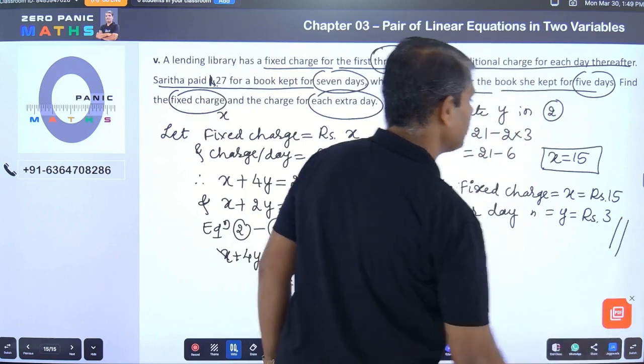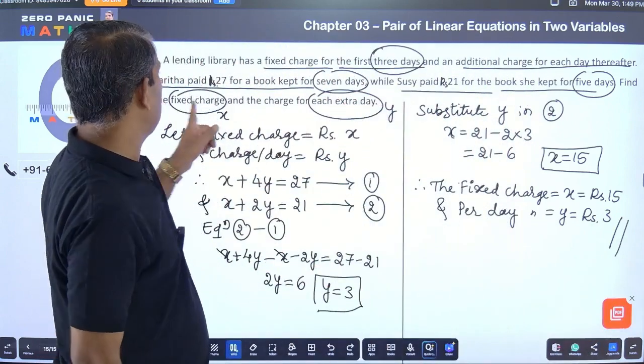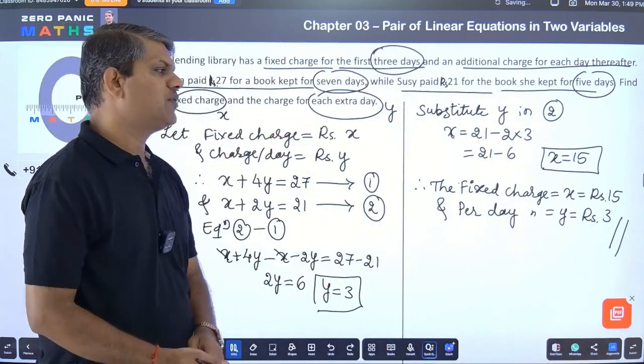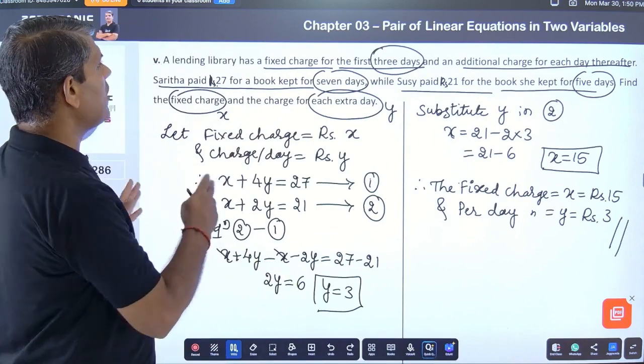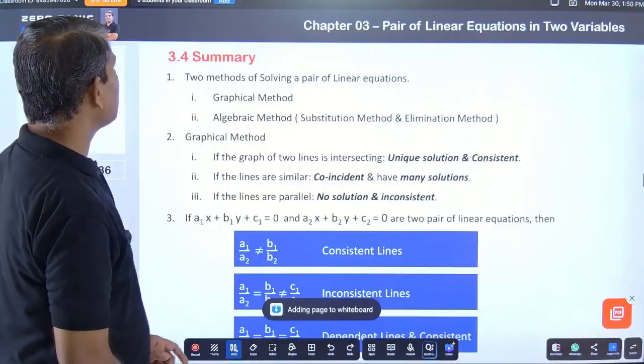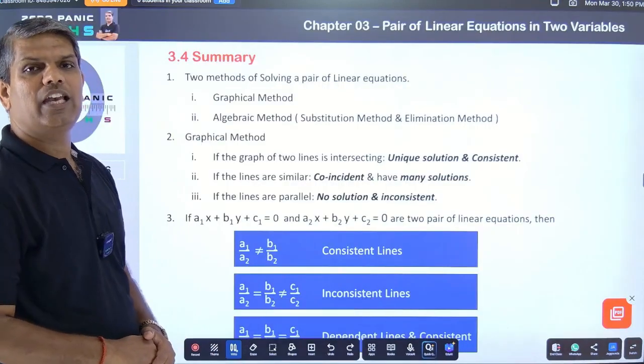So this is the solution to what is being asked here, the fixed charge and the charge for the extra days. So now this is about the exercise problems based on the elimination method.